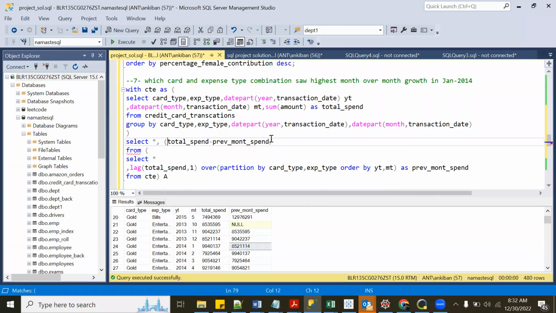That's how we will get the growth. Also, we can filter out where previous month spend is null. We don't need it. Where previous month spend is not null. So we are not looking at the first month. It doesn't make sense; there is nothing to compare. And if I run this, I will get the MoM growth.